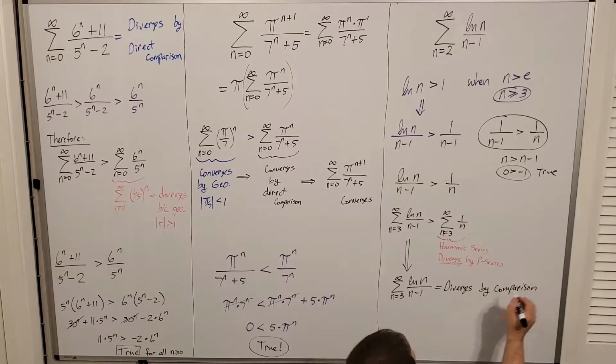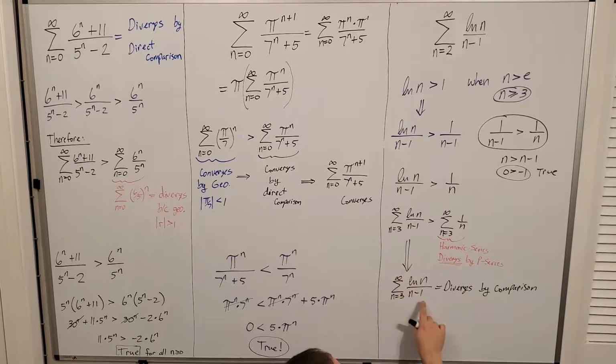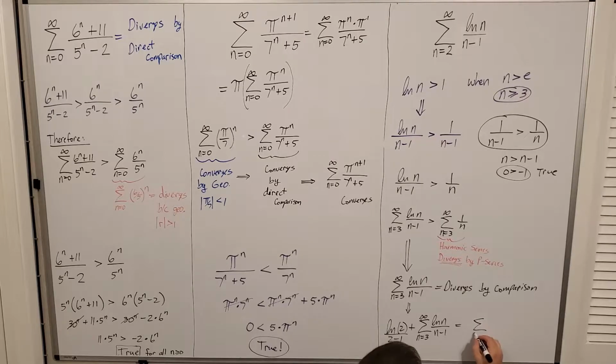And wait, there's one more step, right? From n equals 3 to infinity diverges by comparison. Therefore, adding one more number, which is just the ln of 2, because that's just ln of 2 over 2 minus 1, the sum from n equals 2 to infinity of ln n over n minus 1 diverges.